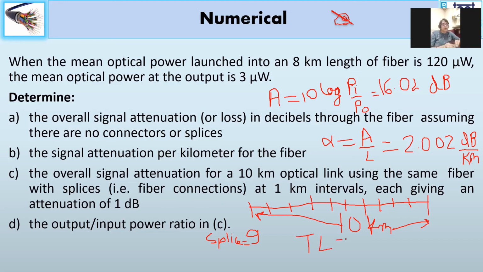Total loss is equivalent to alpha L, where L is 10 kilometers, the new L, not 8 kilometers, because he's asking for a 10 kilometer link length, plus 9 splices into the loss per splice, that is 1 dB. Tell me how much it is. 20.02.